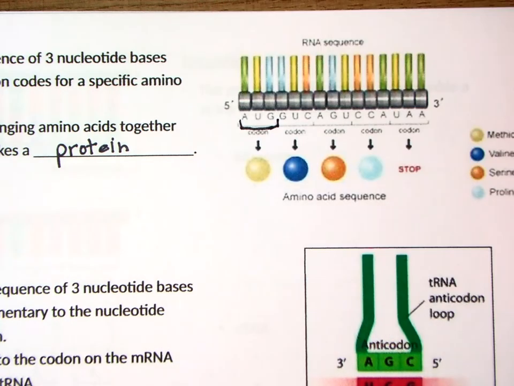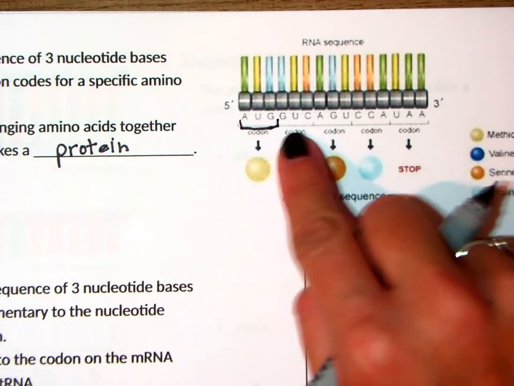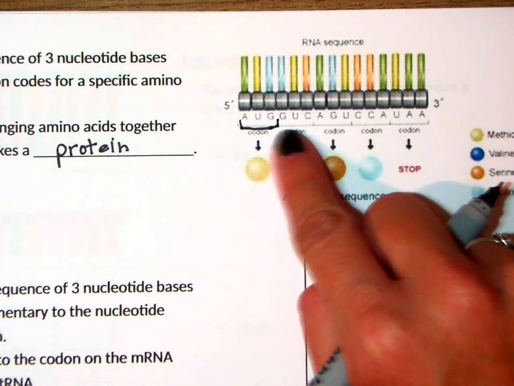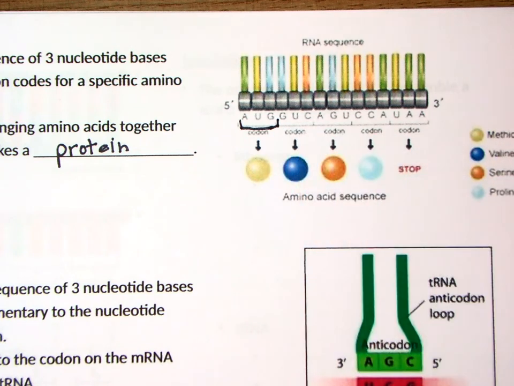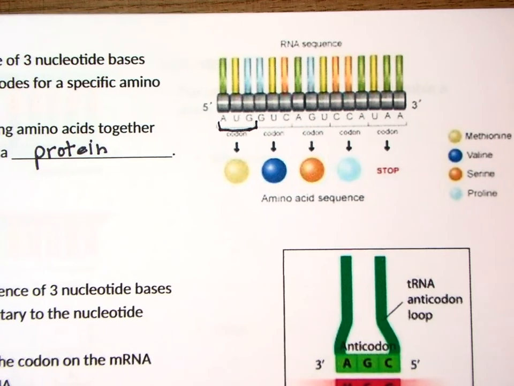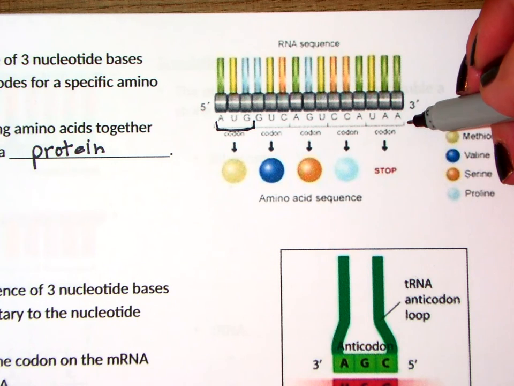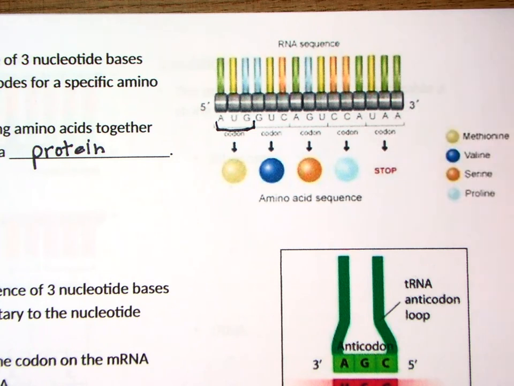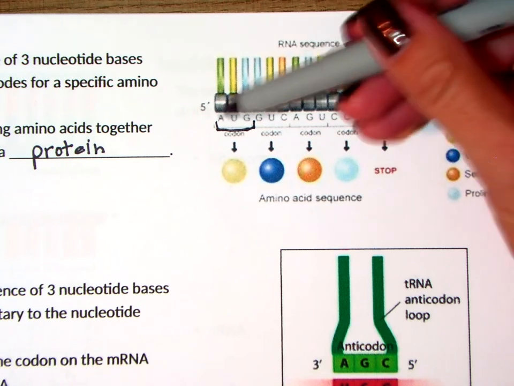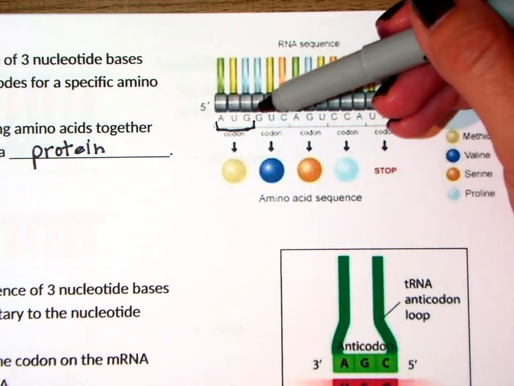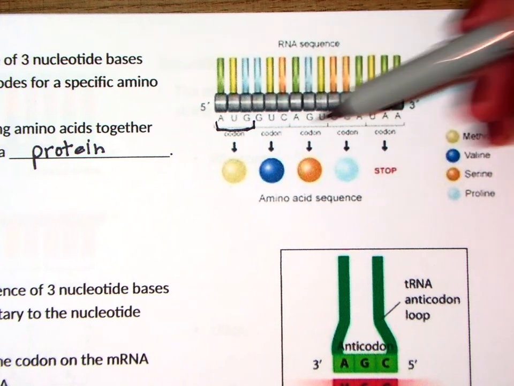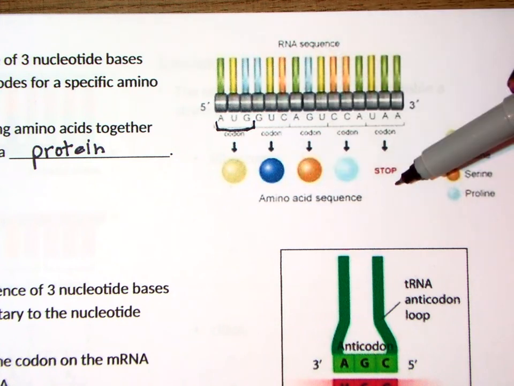So we've got AUG, GUC, and so on and so forth. And each of those 3 letters codes for a specific amino acid. And then there are also certain codons that code for stopping the process, like to stop adding amino acids. But yes, just know that in RNA, we break these down into triplet codons, and each of those codons codes for a specific amino acid.